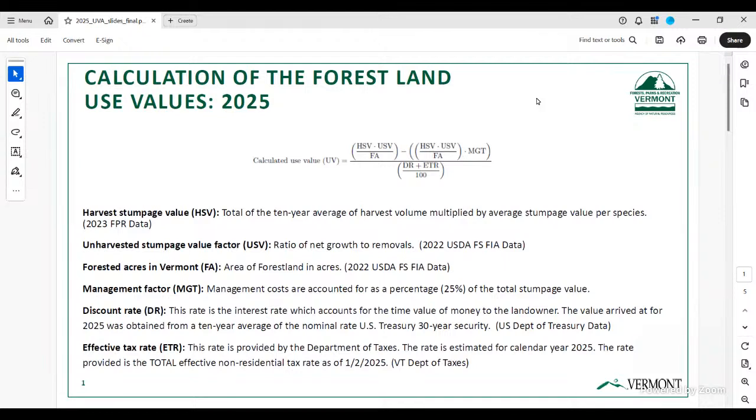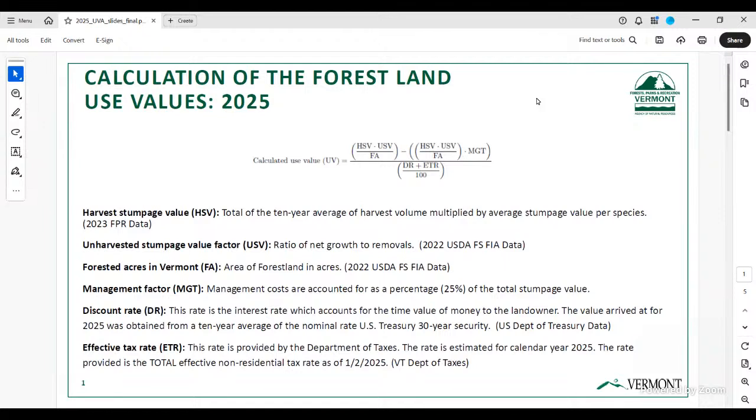And then this slide just covers the variables that go into that. So first up is the harvest stumpage value. That's the total of the 10-year average of harvest volumes multiplied by the average stumpage value per species. Stumpage value is just the cut, skid, and haul per unit.